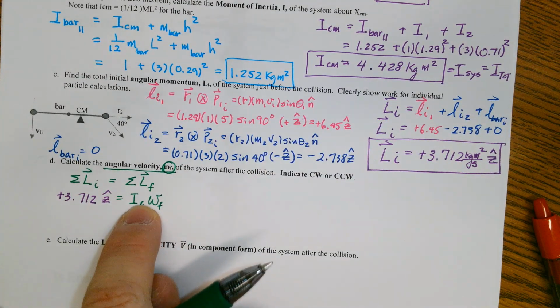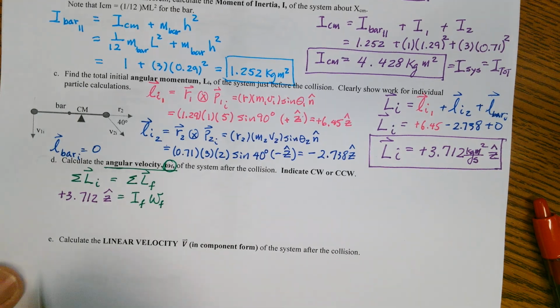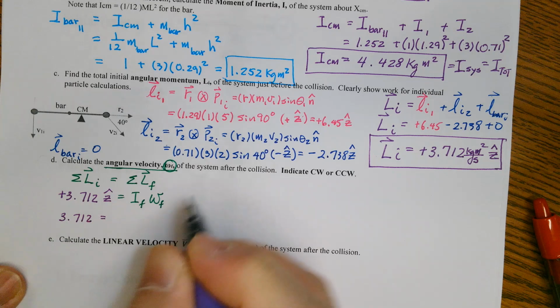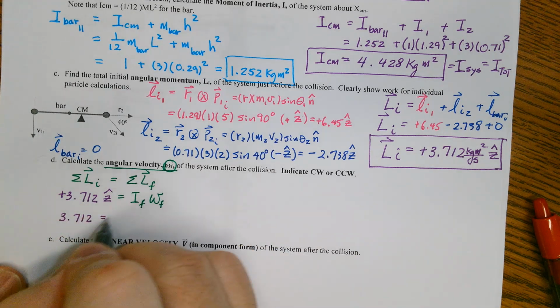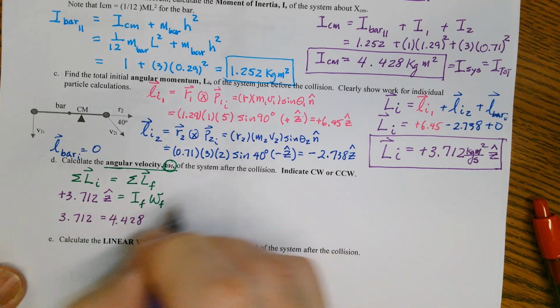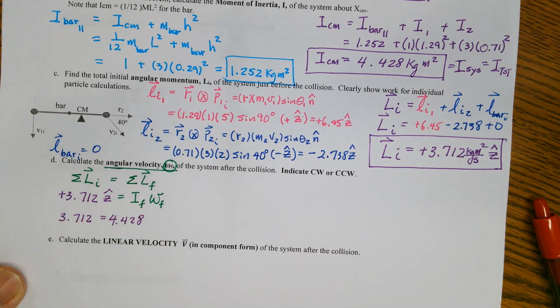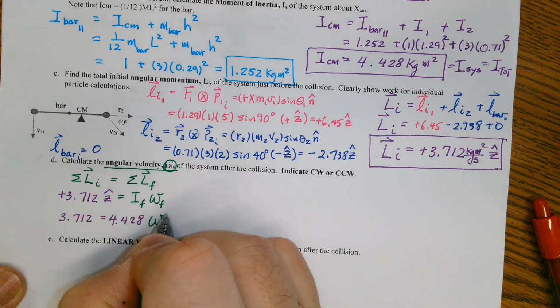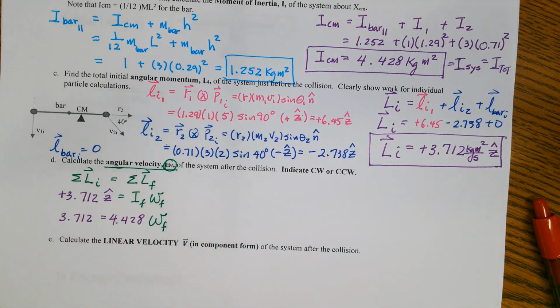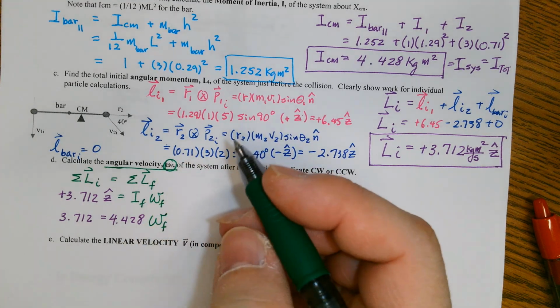So we can say 3.712 is equal to this I, which is 4.428, times omega final. So what's my omega final?